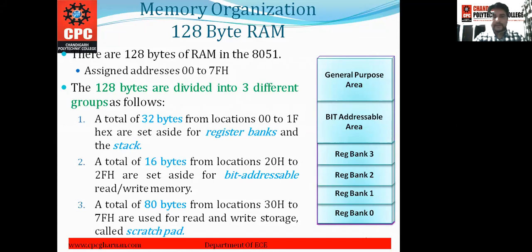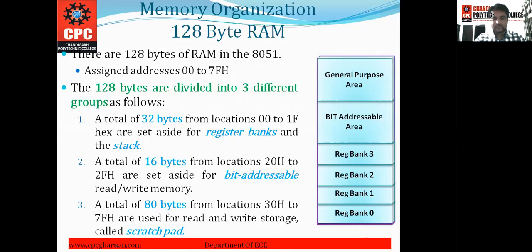This 128 bytes is further divided into three different groups. First group is of 32 bytes, that is reserved for its register bank and its stack, and it ranges from 00 to 1F.